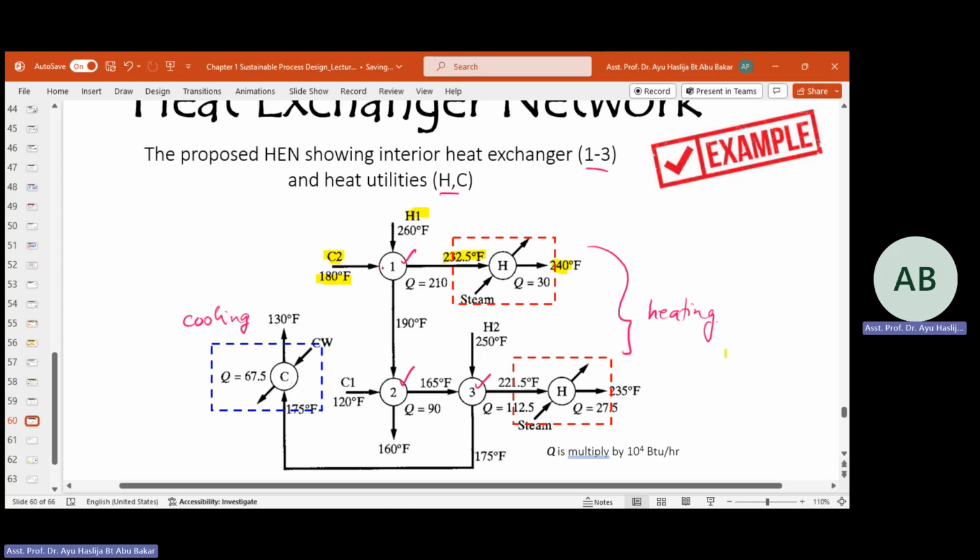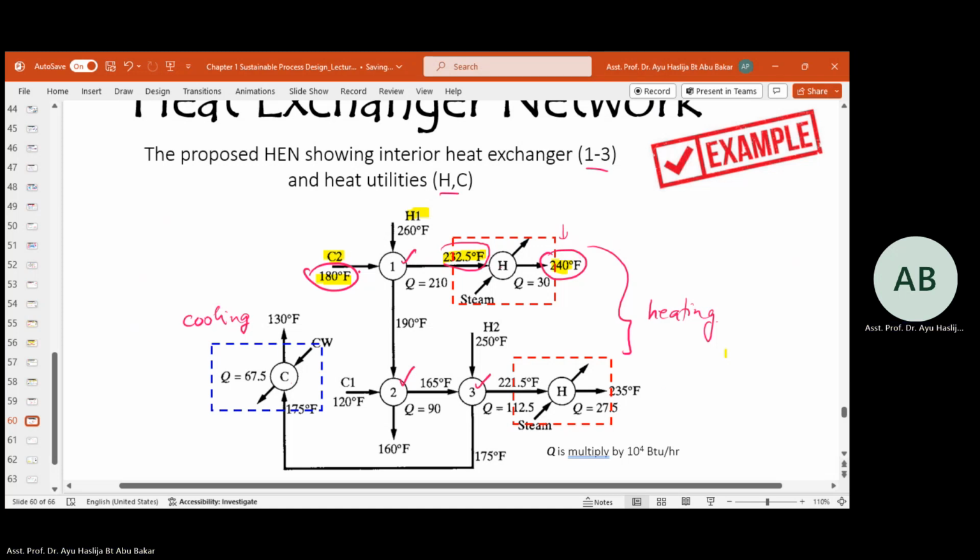In this heat exchanger network, they combine the T2 stream, which from 180 needs to be heated up to 240. But from the heat exchanger network, it can heat the stream up to 232. Then you need to supply an extra heat exchanger to meet the target temperature, 240.